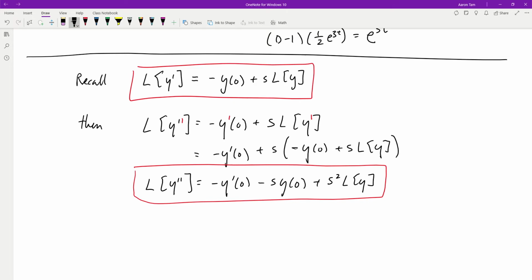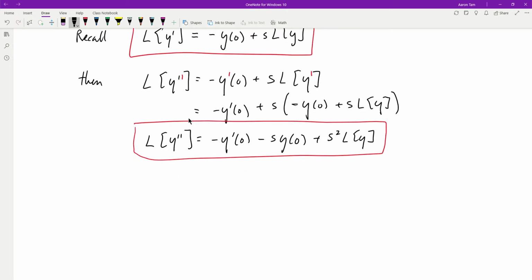Now comes the next question. What if we now want to do y triple prime? Well, then pretty easy. That would basically be using the y double prime formula, but adding a prime to everything.